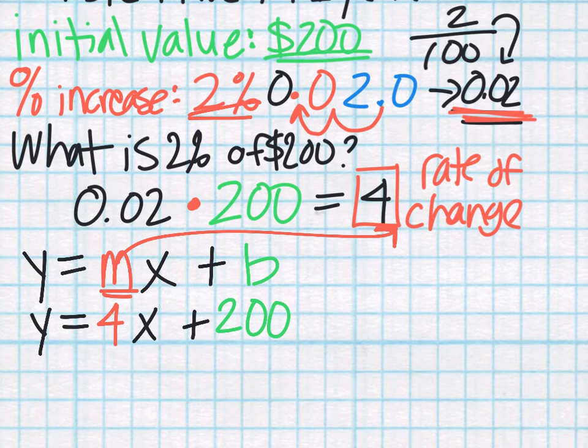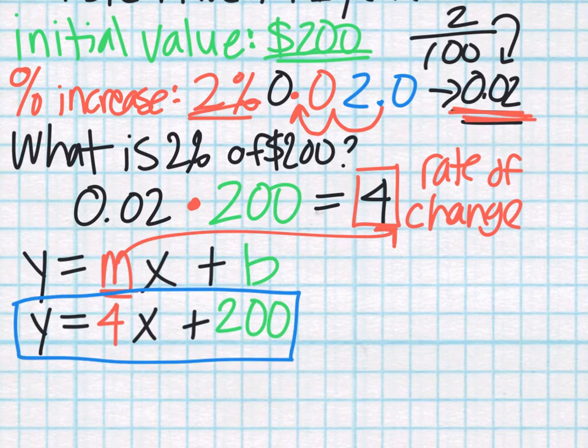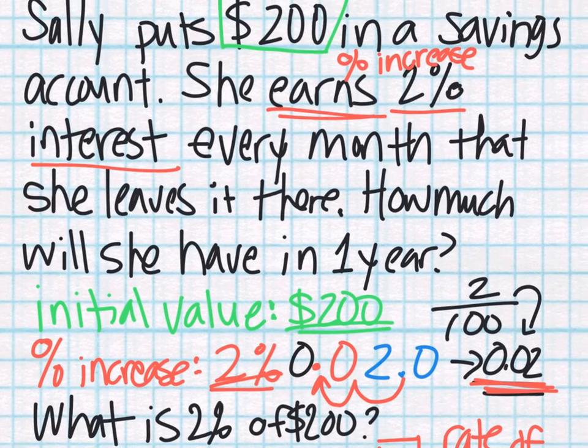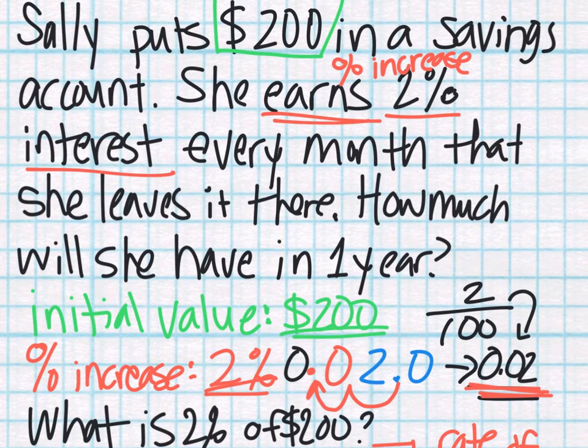All right, so I have my equation here. This is my equation that is based on the word problem. Now I have to go back up here and figure out what it is asking me. So it's asking, how much will she have in 1 year? That's all well and good. I also need to know what exactly my x represents.